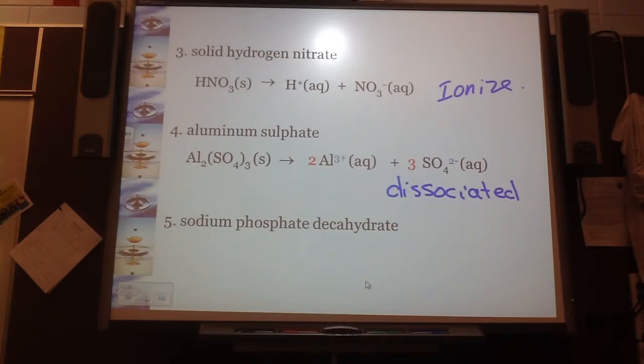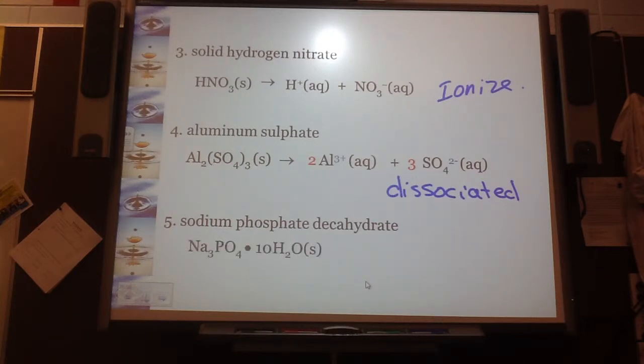Find it in your periodic table and make this compound. Remember that decahydrate means dot 10 H2O.